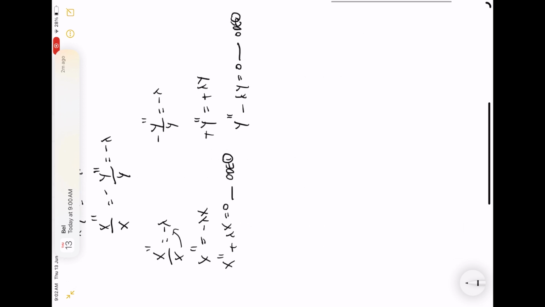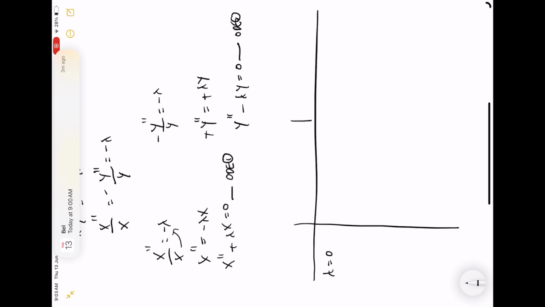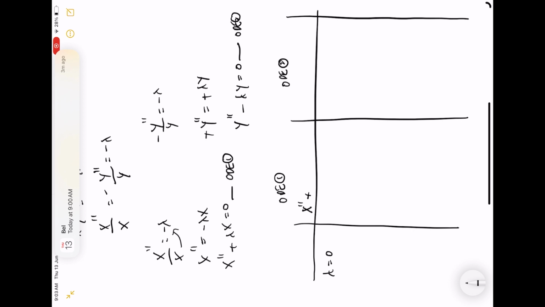So when you have this, you need to apply 3 cases. Make a table. Okay, so this is ODE number 1. This is ODE number 2. ODE number 1 is x double prime plus lambda x equal to 0.